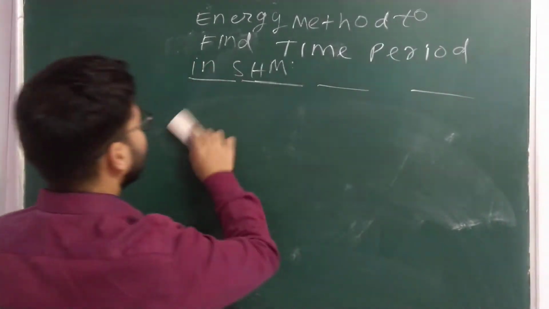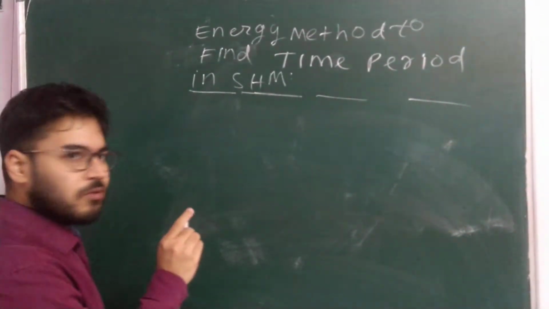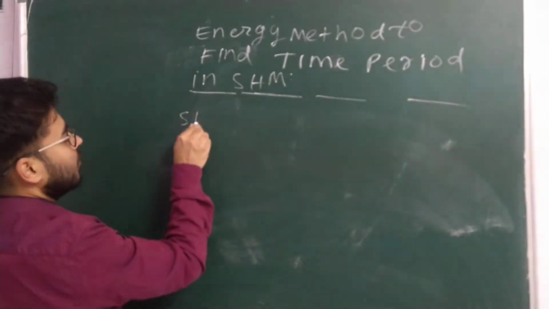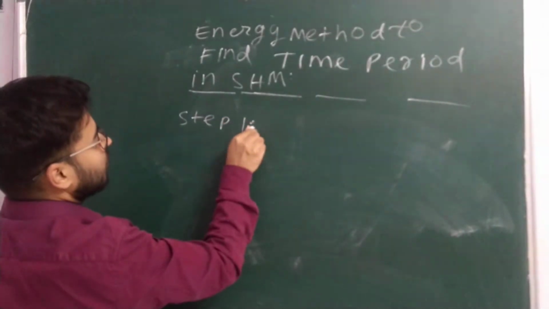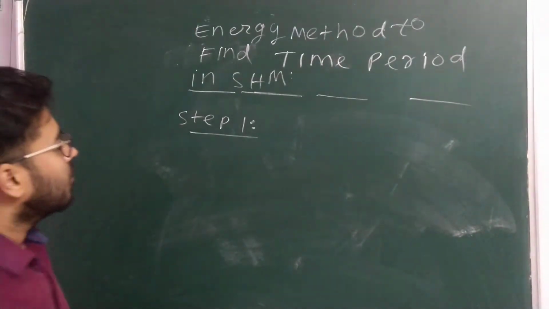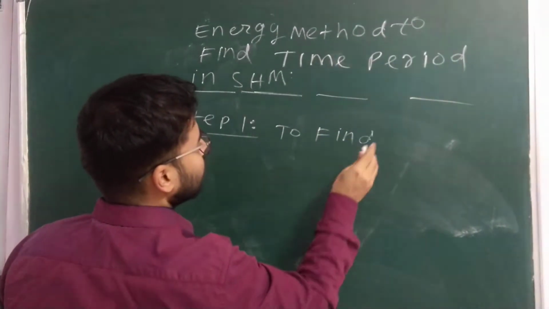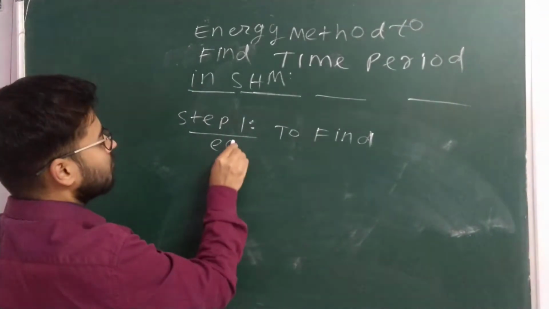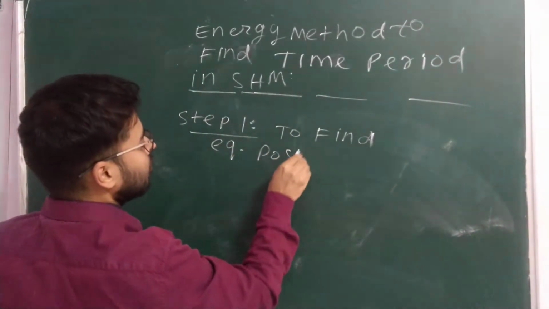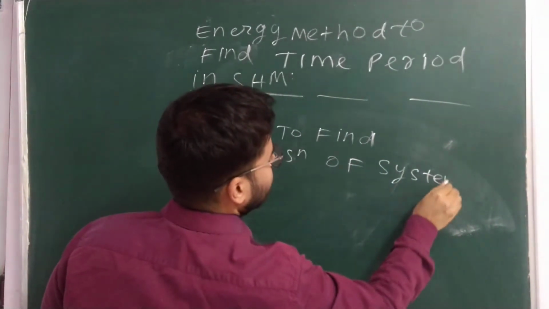So what is to be done in this method is, the first thing that you will do, step one, will be to find the equilibrium position of the system.